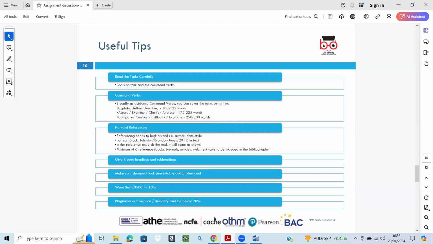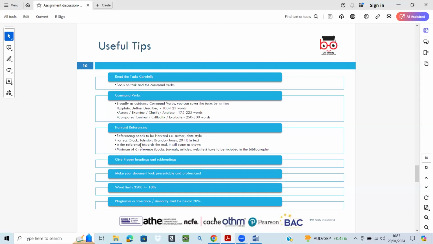Then Harvard referencing. The referencing needs to be Harvard, that is author, date, and style. So here they have given us an example. This is an example of an in-text citation.